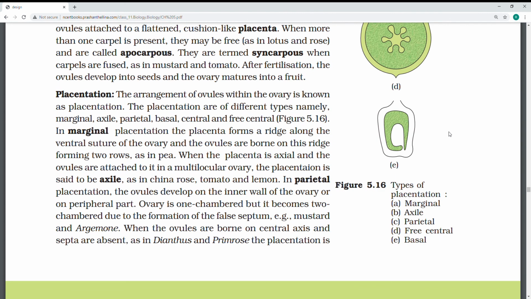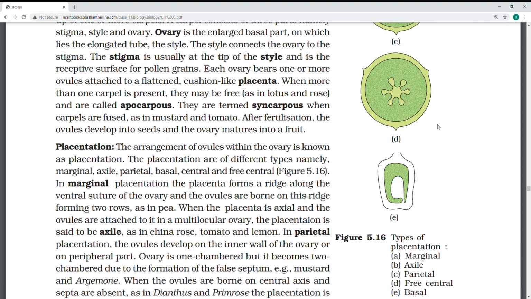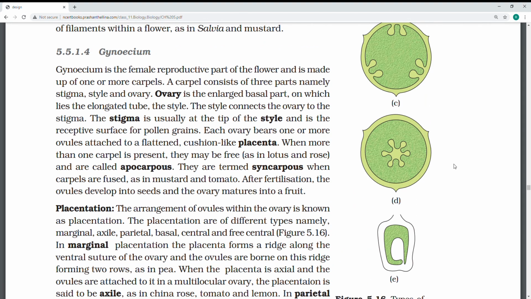The ovary is completely one chambered, and the placenta arises on the swollen central axis. Ovules are attached to the central axis. Examples are dianthus and primrose.